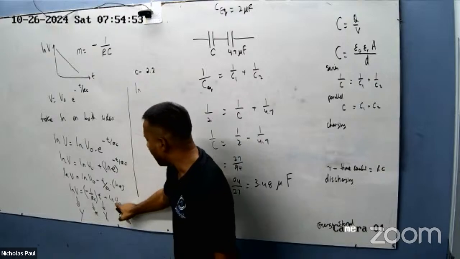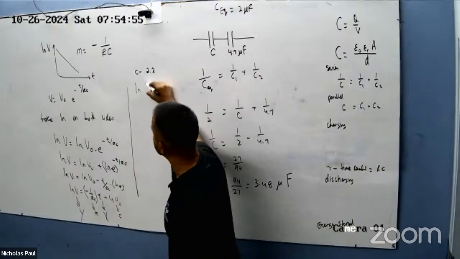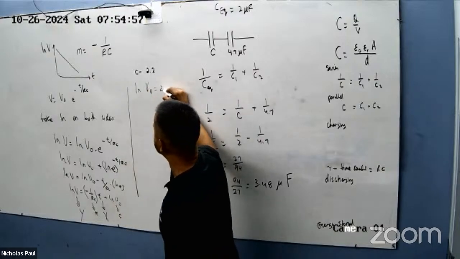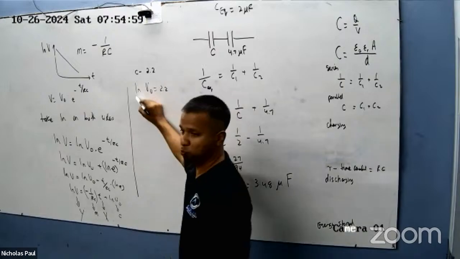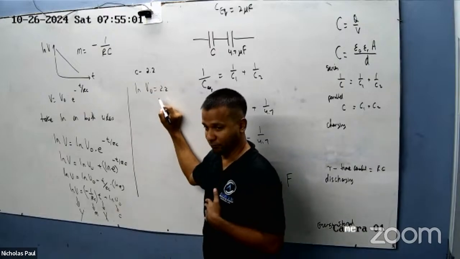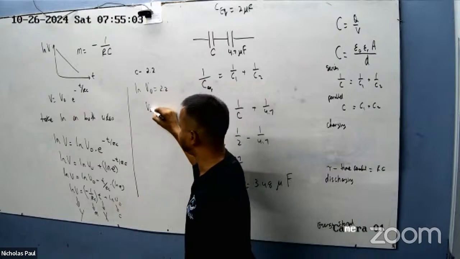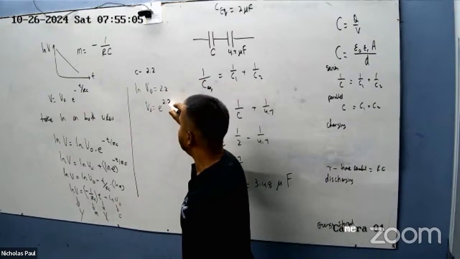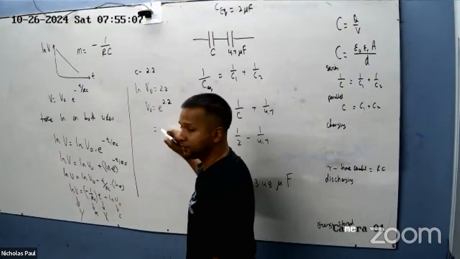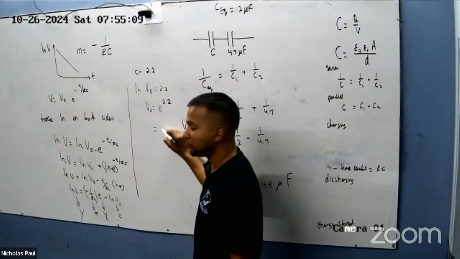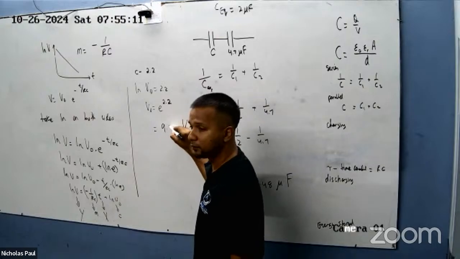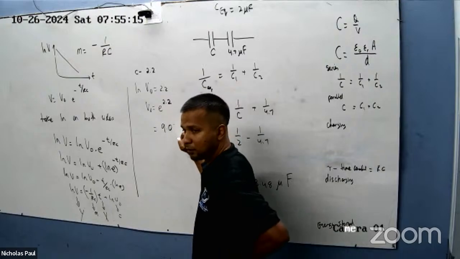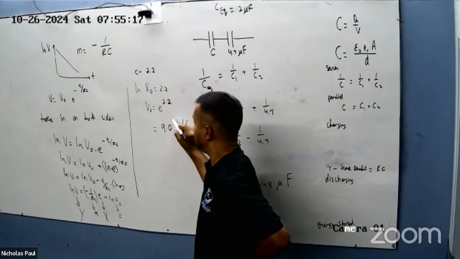Remember we said the y-intercept, ln V naught, is C. So ln V naught is 2.2. What's the inverse of ln again? E to the power. E to the power of 2.2, which is 9 point, if you use this value.